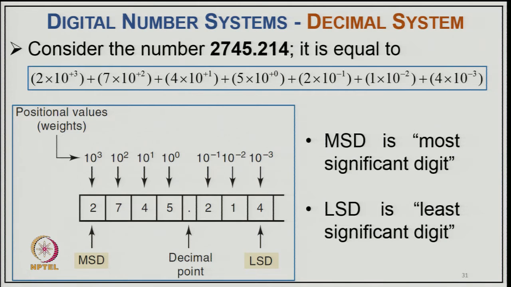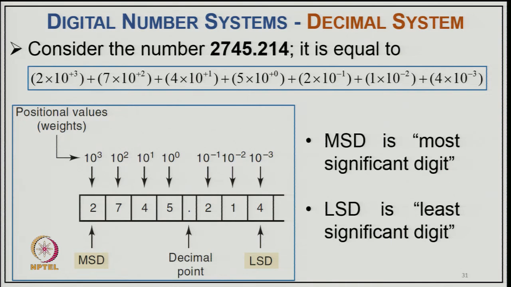So, you can call it here the position weights: we have a decimal point in between, and from the right side of it we have 10 to power 0, 10 to power 1, 10 to power 2, 10 to power 3. Here, in this case, the leftmost digit is the most significant digit, with the weight of 10 to power 3.